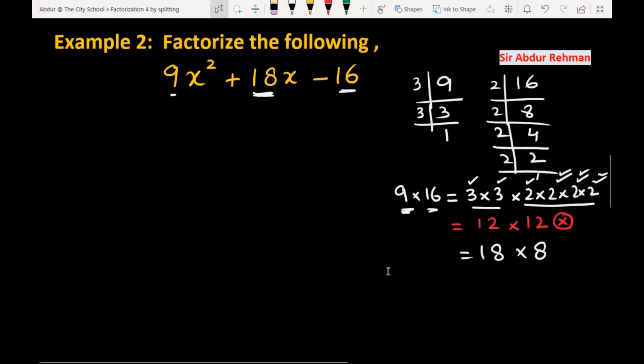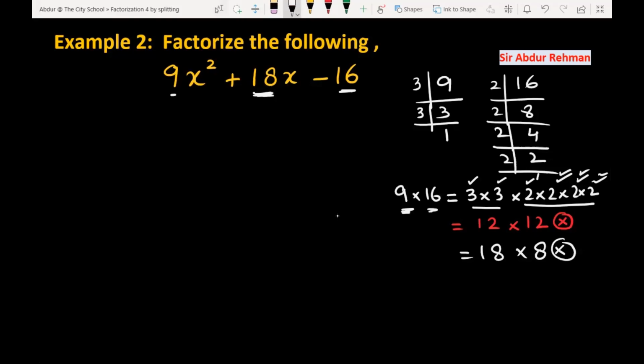Now 18 plus 8 is 26, and 18 minus 8 is 10. So this factor is also wrong. We have to get 18. Let's try another factor.